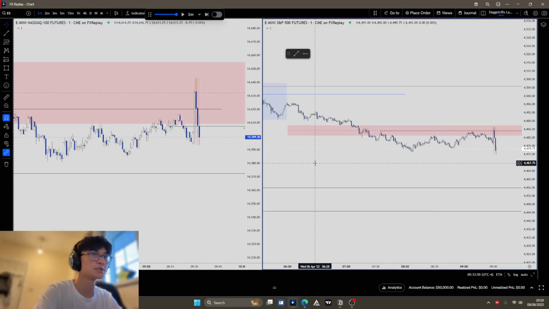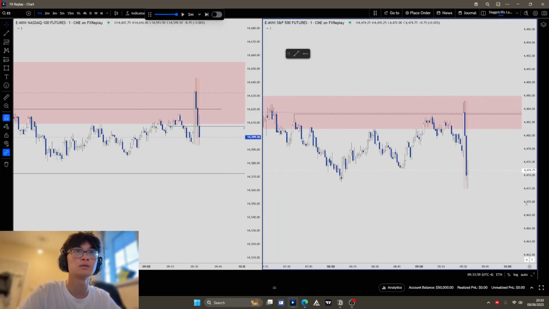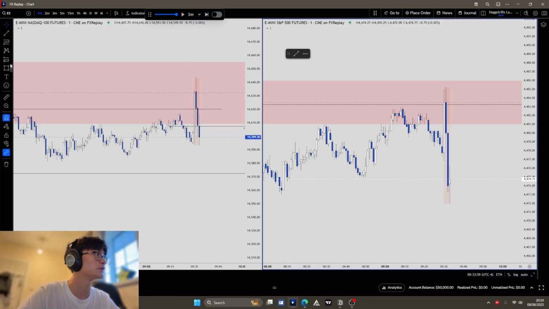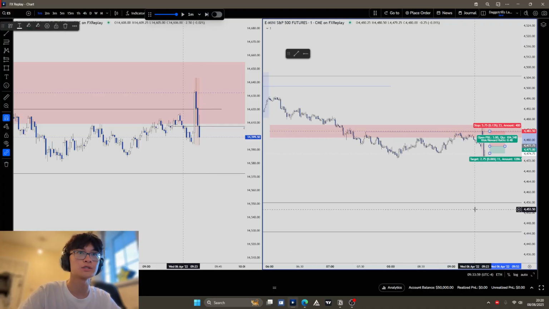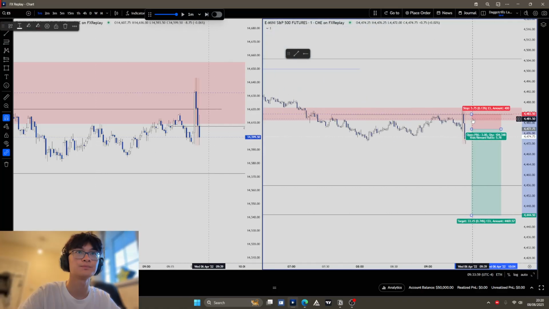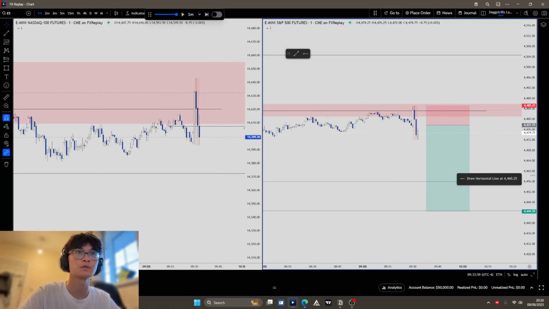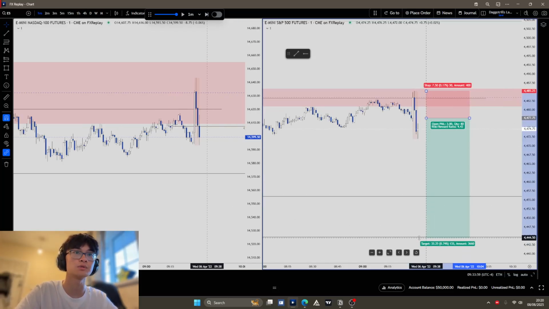Beautiful internal manipulation on NQ, better on ES because we respect the 15-minute gap. Let's actually try this. Try this low. Let's see how much R is this. Not bad.